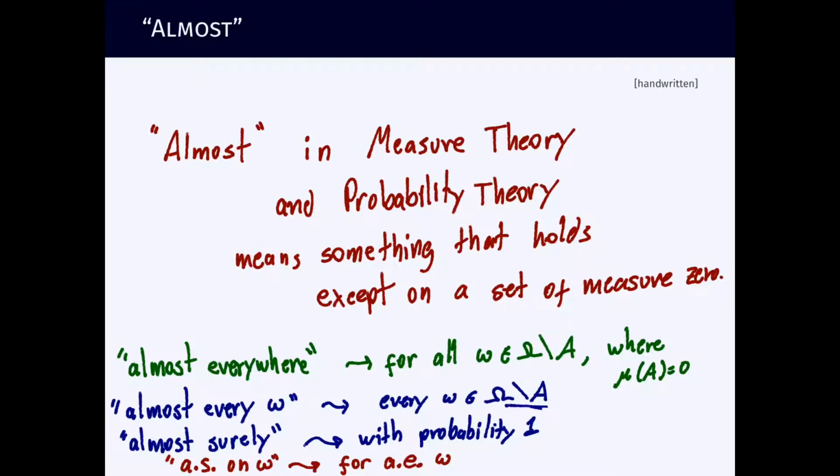We can say it holds mu almost everywhere, or some property holds for mu almost every omega. We can say some event occurs P almost surely, and we can say that some property holds true, again, P almost surely on omega. So we can add this prefix P or mu to specify explicitly the measure being considered.